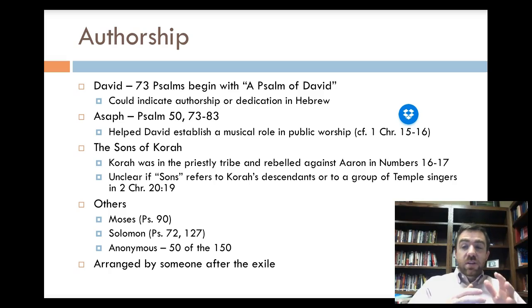So a third of the Psalms don't have an author's name attached to them. Another 100 do, mostly David. And then people tied to David, so Asaph is tied to David because he helps David in the court. And then the others are attached to the sons of Korah and to Moses, and then finally to Solomon.